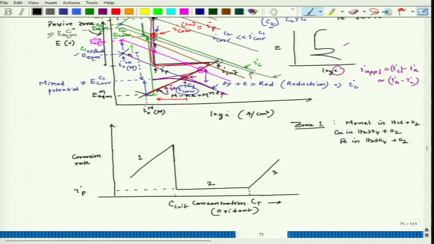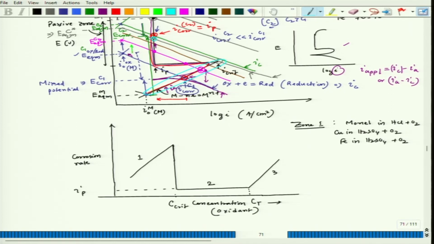Now, why does it happen? Because the entire region stays in this location, where this is the active zone. Now, once we cross C critical, the concentration of oxidant, it will achieve passivity, which we have seen before. We have explained this.